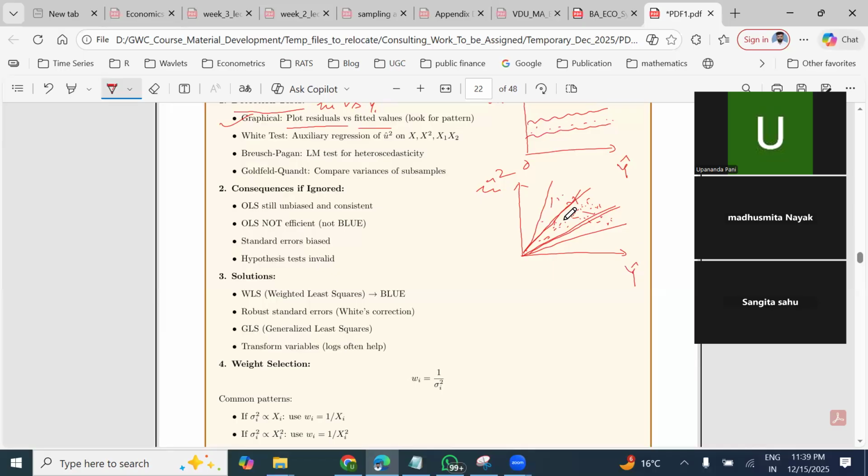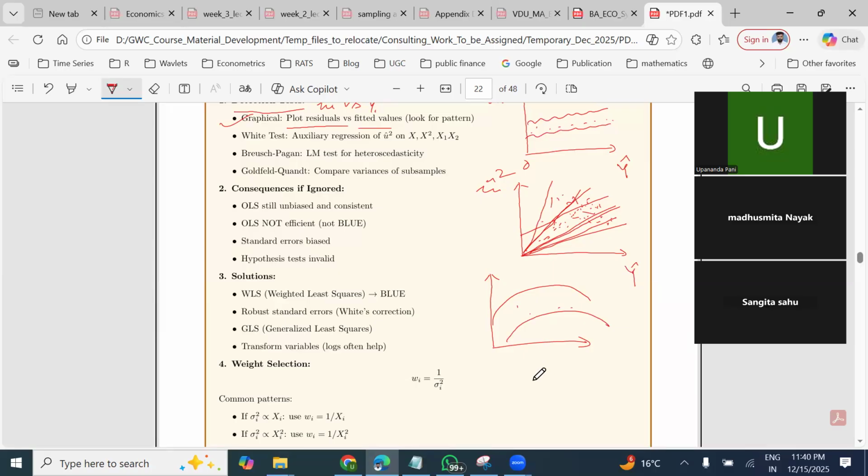Yes, sir. So there are other types of graph also, which we will not discuss. One more will be exactly parallel, like this. Another one, then quadratic. If it is a quadratic relationship, you will see like this, like this.